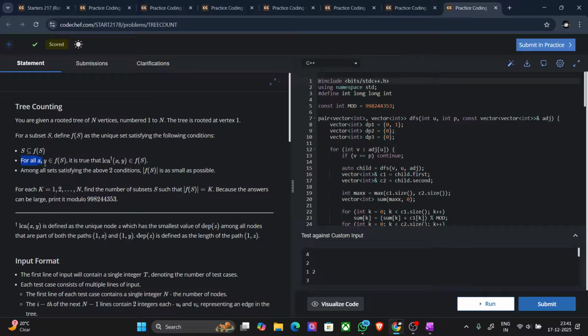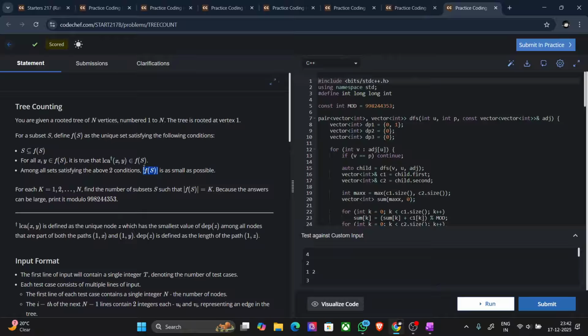For all x, y in Fs, it is also true that LCA of x, y belongs to Fs, which means if two nodes are present in Fs, then the LCA of those nodes must also be present in Fs. Among all the sets satisfying the above two conditions, Fs is the smallest possible.